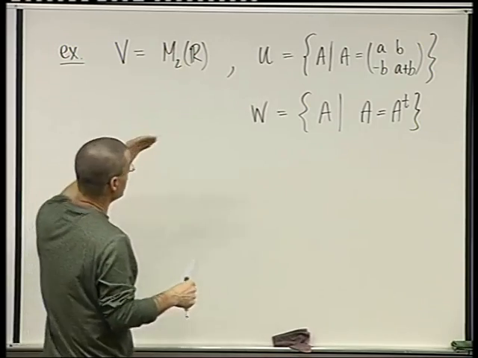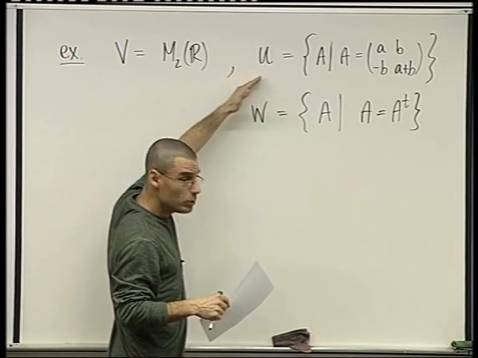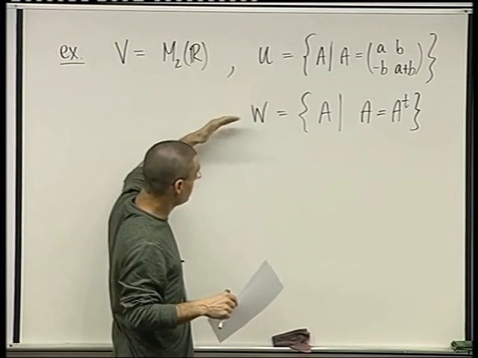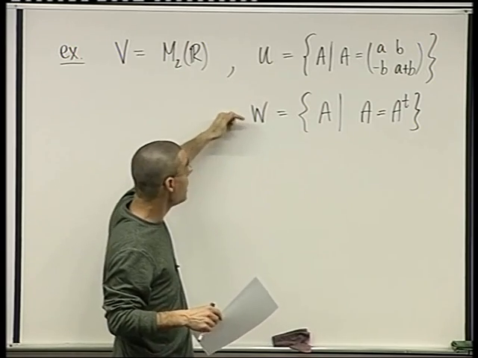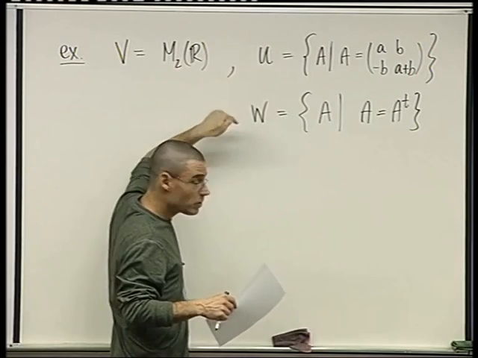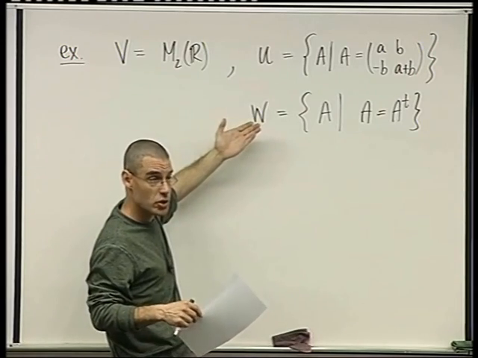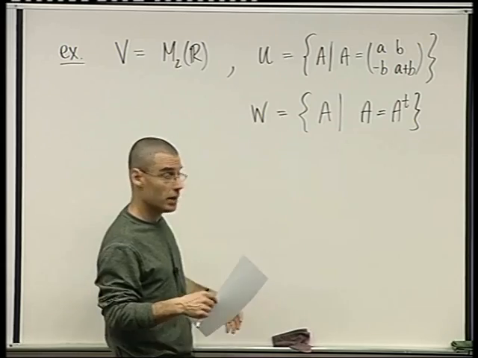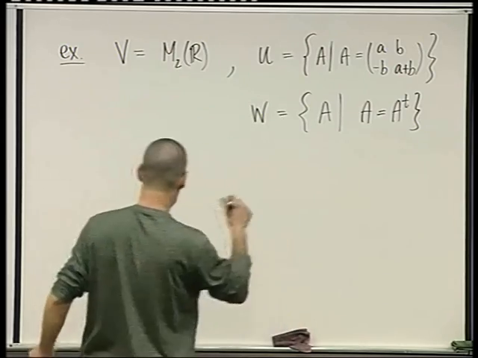So let's understand what is U, what's the dimension of U, what is W, what is the dimension of W, what is U plus W, what's its dimension, what is U intersection W, what's its dimension. Okay, let's study all the different possibilities here.